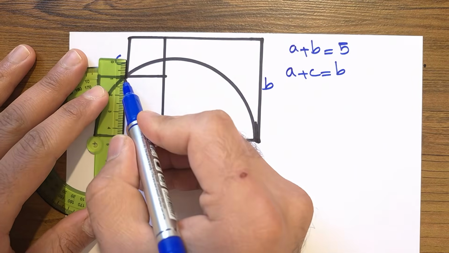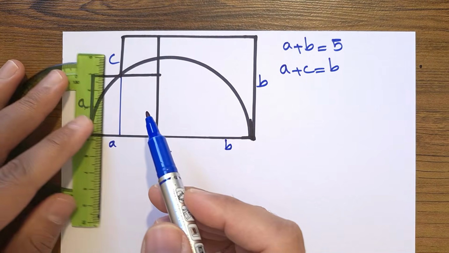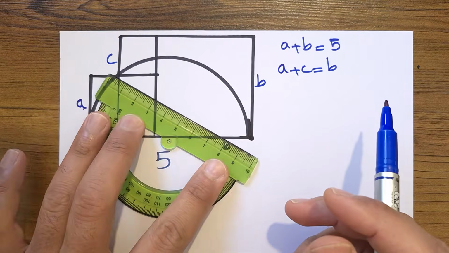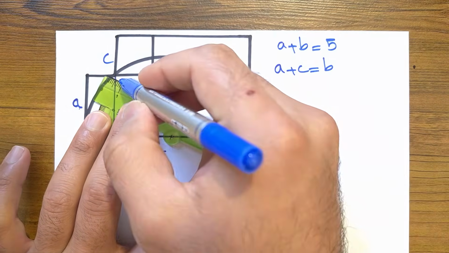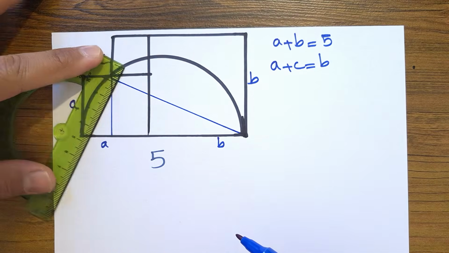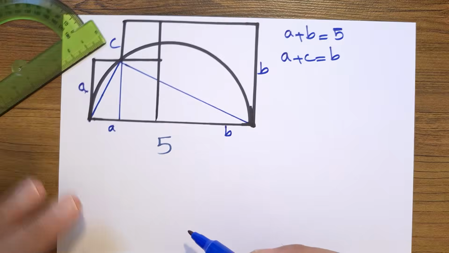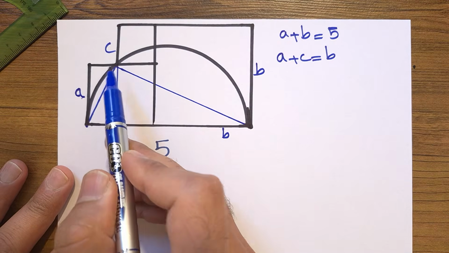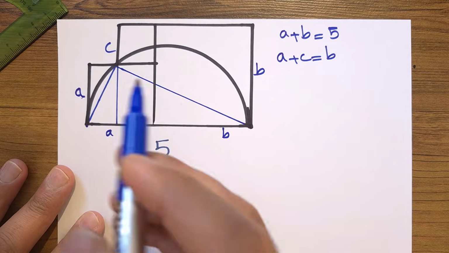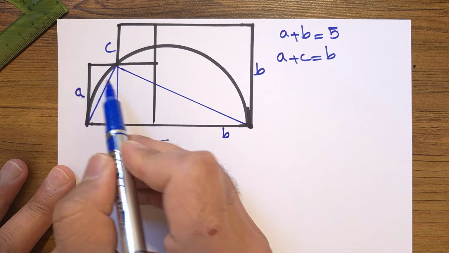So from this intersection point, let's draw a parallel line here, parallel to this A square, for example. Let's draw a line from this corner to this intersection point, and from this corner to this intersection point. Sounds familiar, right? This is an angle inscribed in a semicircle, and this side is a diameter. So based on Thales' theorem, this angle must be 90 degrees.